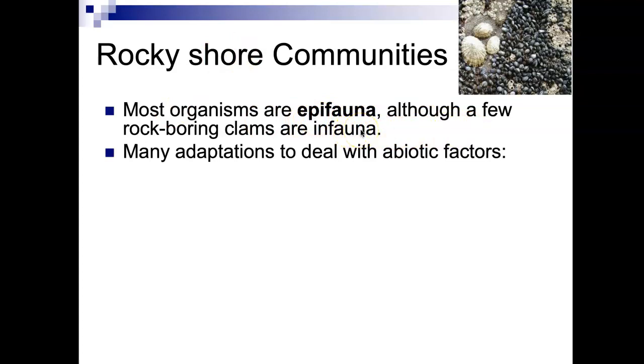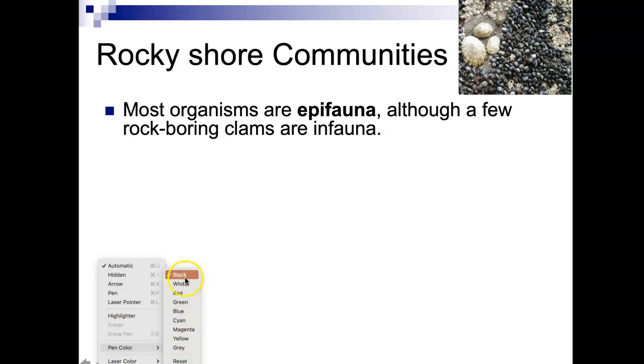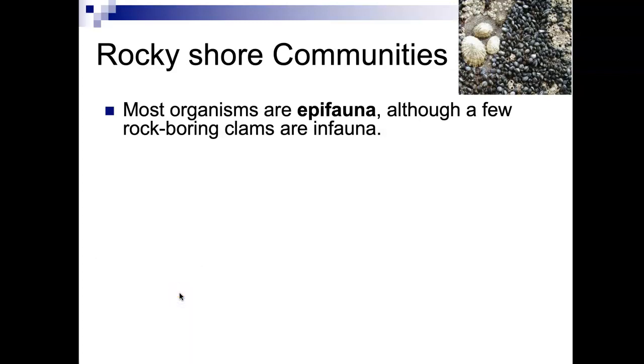I don't know that I've gone over this term with you guys yet, because you haven't had this in lab. Epi means on top, like epidermis, your skin. So epi is on top, and fauna is just your animal life. So your epifauna will be your animal life that's on top.